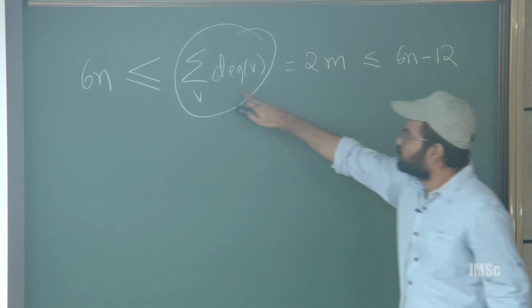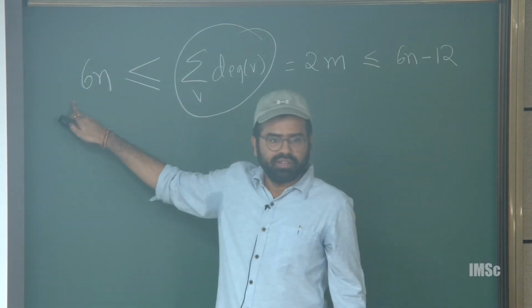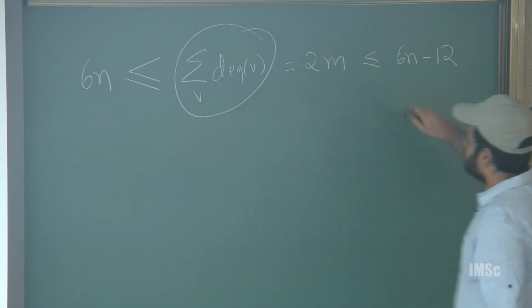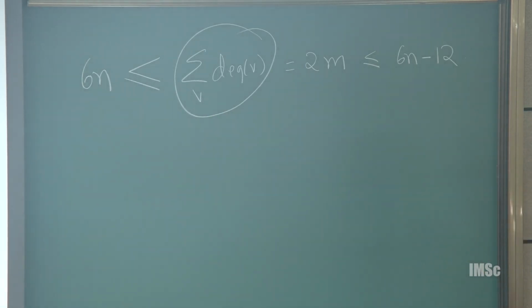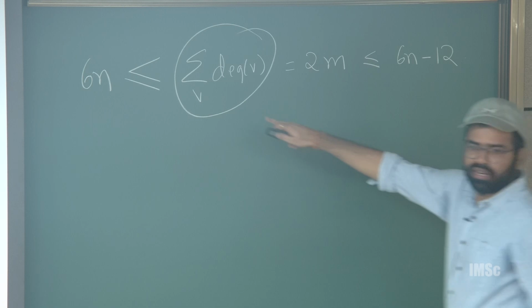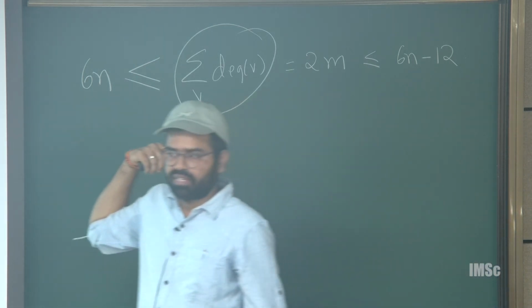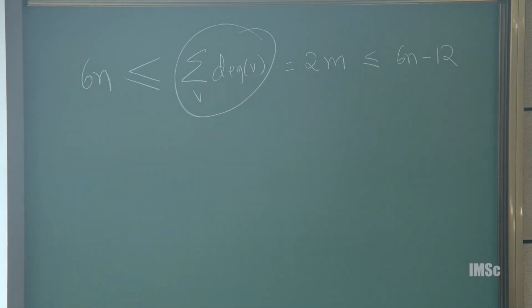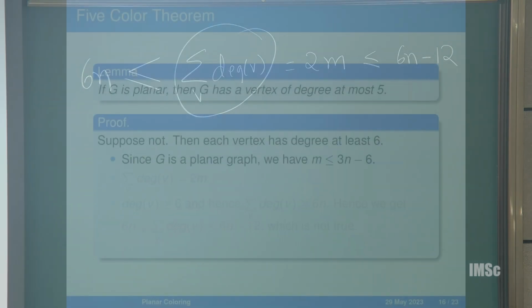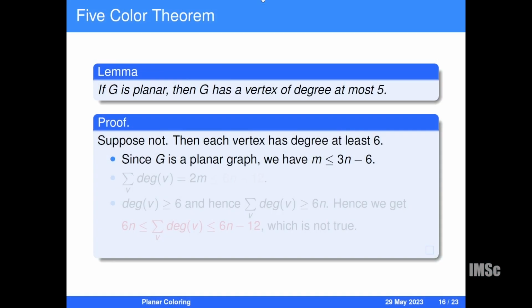So now if you look at this inequality, this quantity is sandwiched between 6n and 6n minus 12, which cannot happen. So whatever we have assumed initially is incorrect, and hence there exists a vertex in a planar graph of degree at most 5.